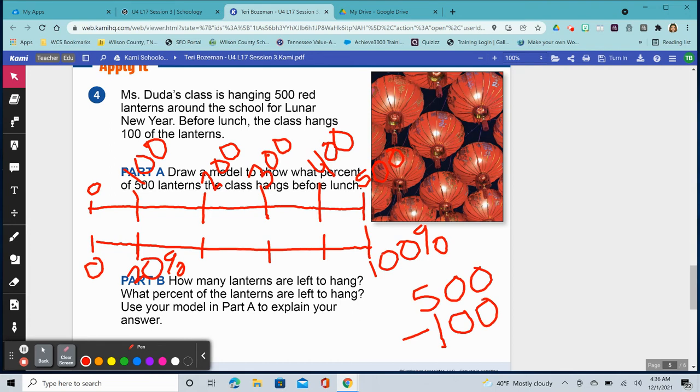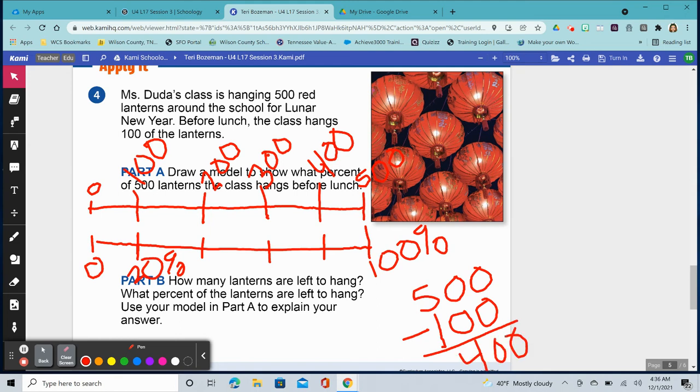So subtract that. And that will tell you how many lanterns they have left to hang, right? So that would be 400. So they've got 400 lanterns left to hang.